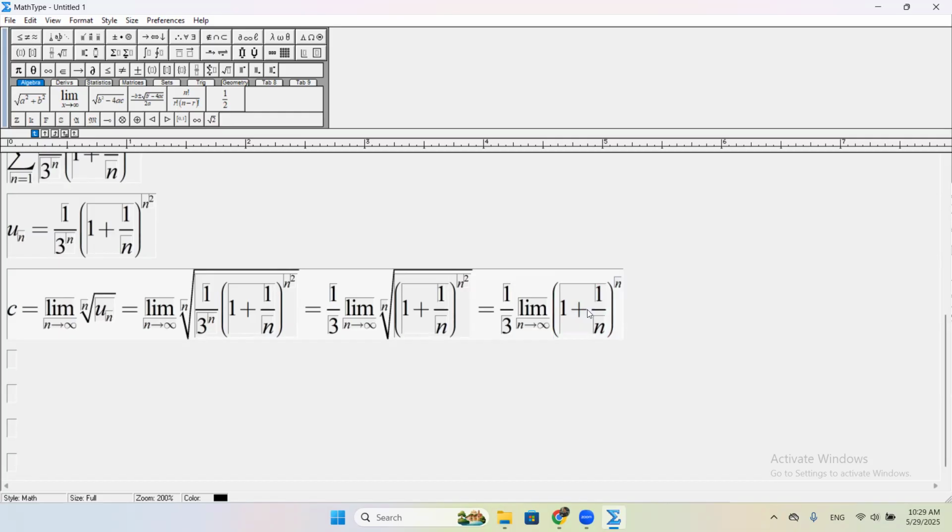This is the second remarkable limit. So this limit is equal to e, and the final answer is e over 3, and it is less than 1. So the initial series is convergent. Any questions?